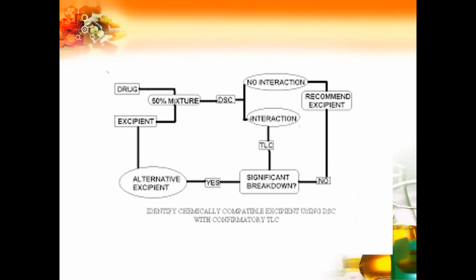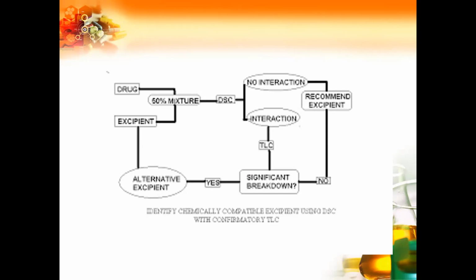Here is one flow diagram which helps us to know how drug excipient compatibility studies should be performed. We can take a drug and excipient in a 1:1 proportion, a 50% mixture, and use this sample for DSC analysis, that is differential scanning calorimetry analysis. After this analysis, if there is no interaction between drug and excipient, we can recommend this excipient.